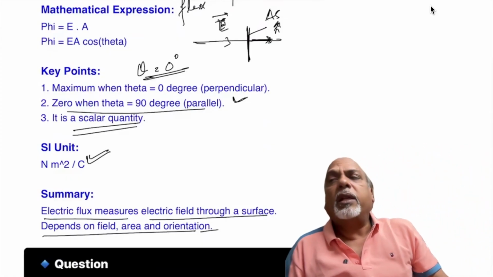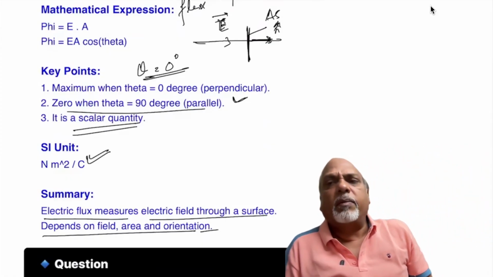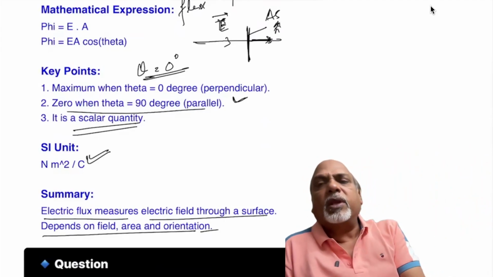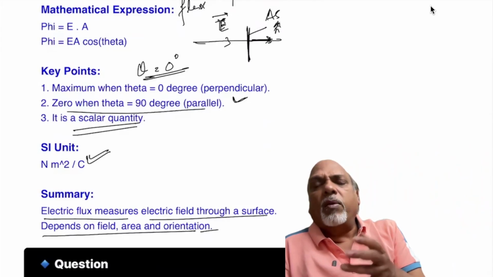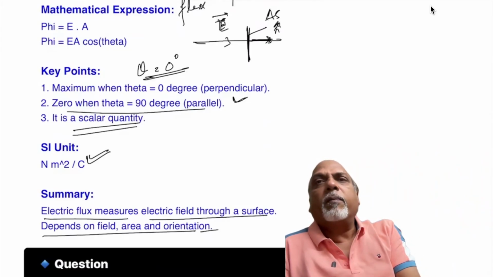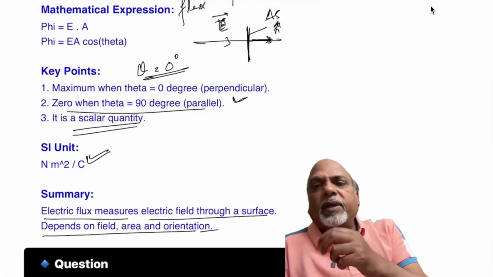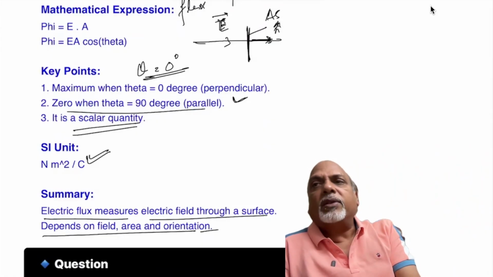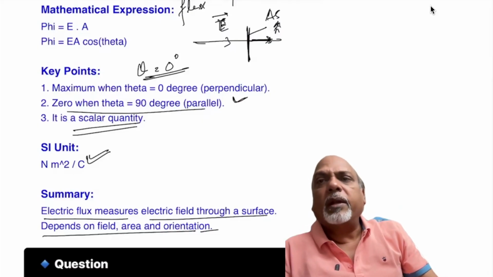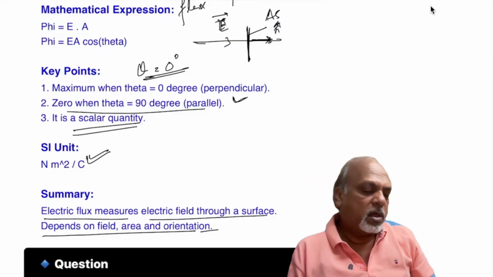So this is the electric flux. It is the measure of electric field lines passing through some surface, means how many lines are passing. Number of lines are more means flux is more. Number of lines are less means flux is less. Correct?